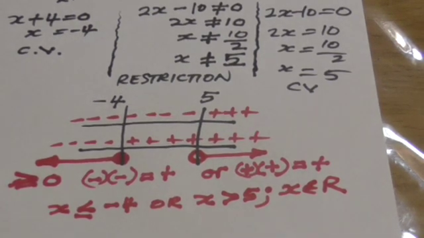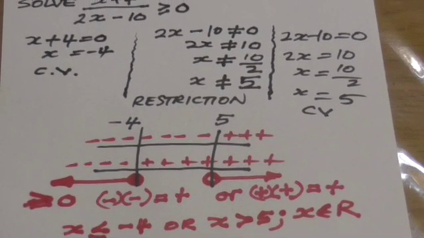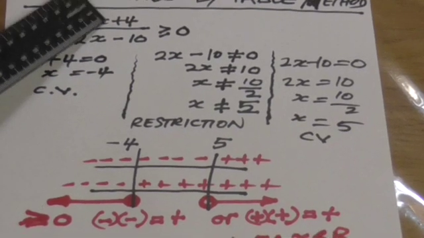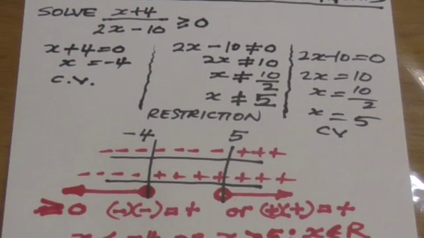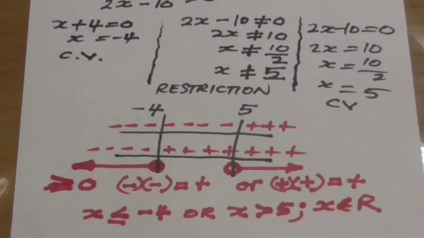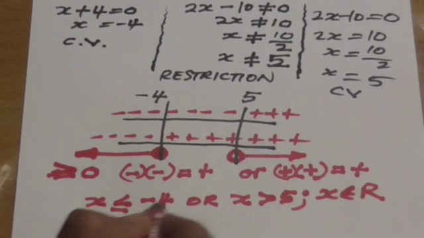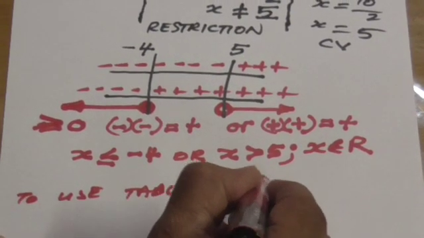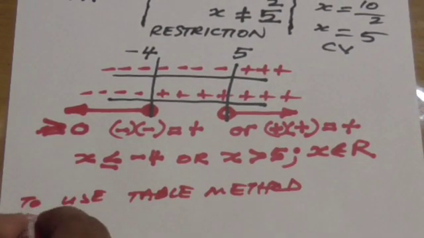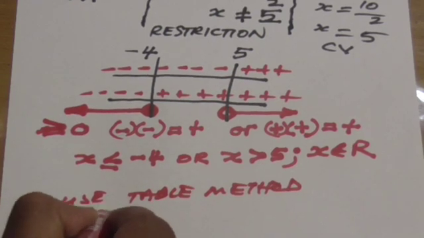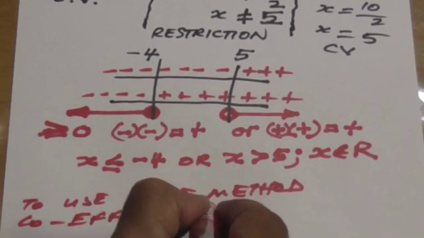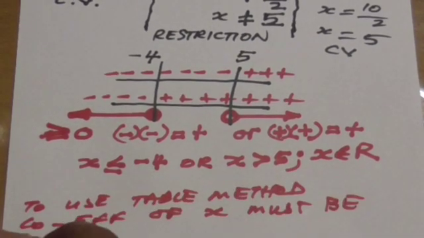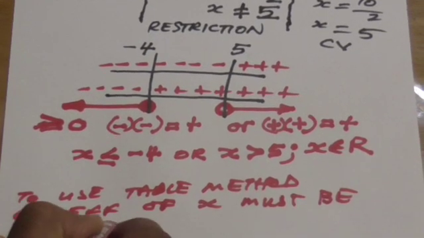Now, a very important requirement for using the table method is that the coefficient of x must be positive. Very important, the coefficient of x must be positive. So to use the table method, the coefficient of x must be positive.